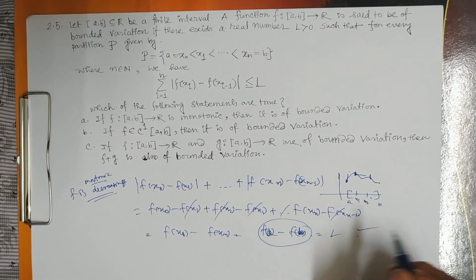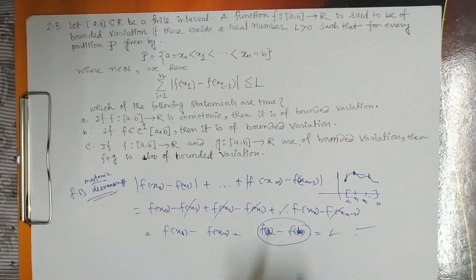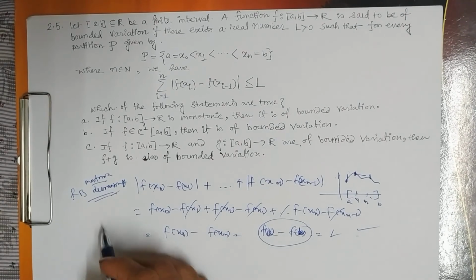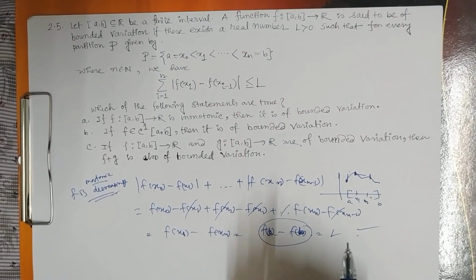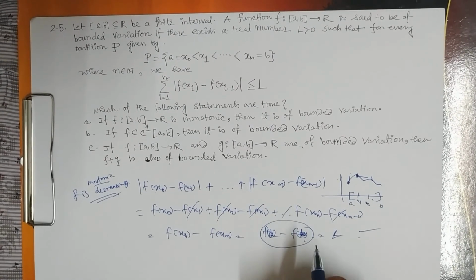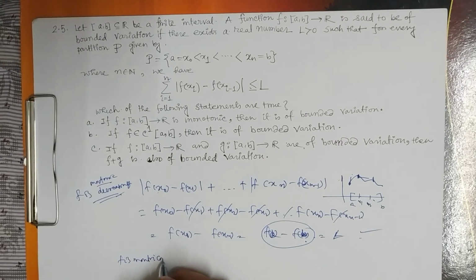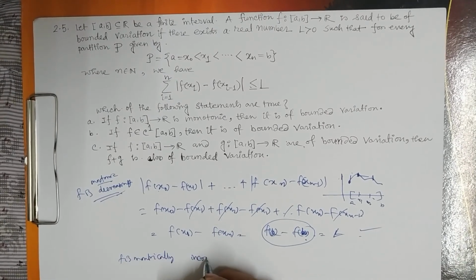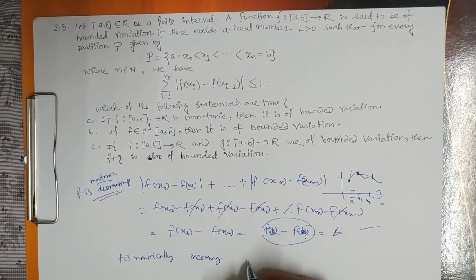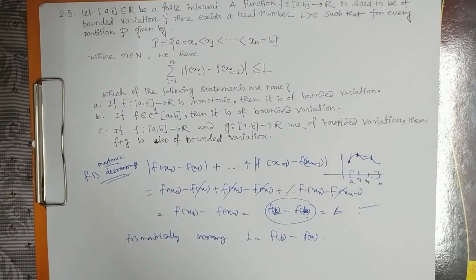So if f is monotonically decreasing, we have L equal to f(a) minus f(b), and if f is monotonically increasing, then L we can take to be f(b) minus f(a).